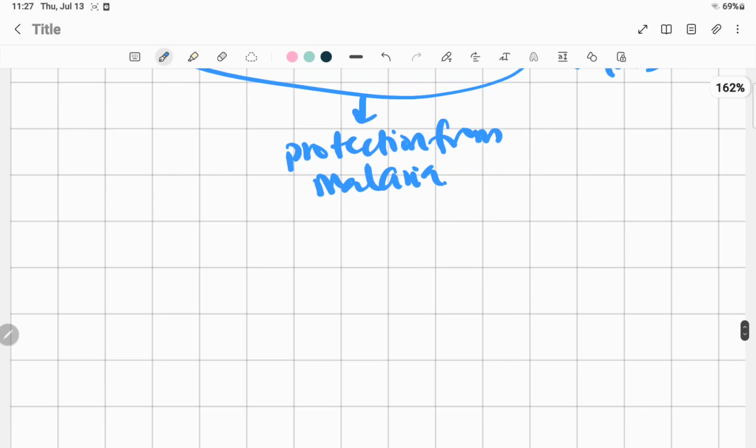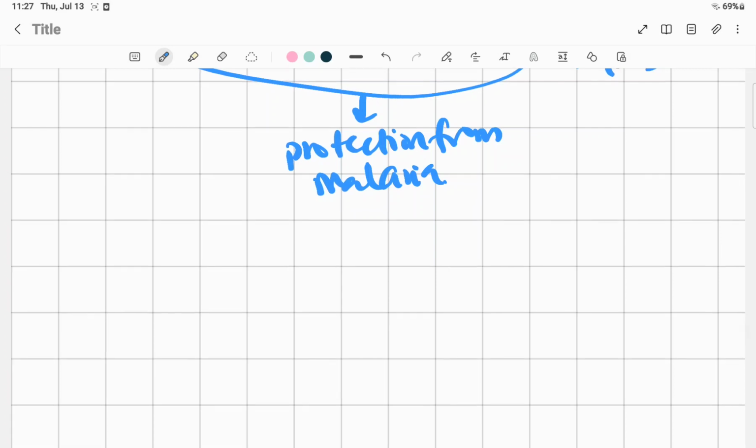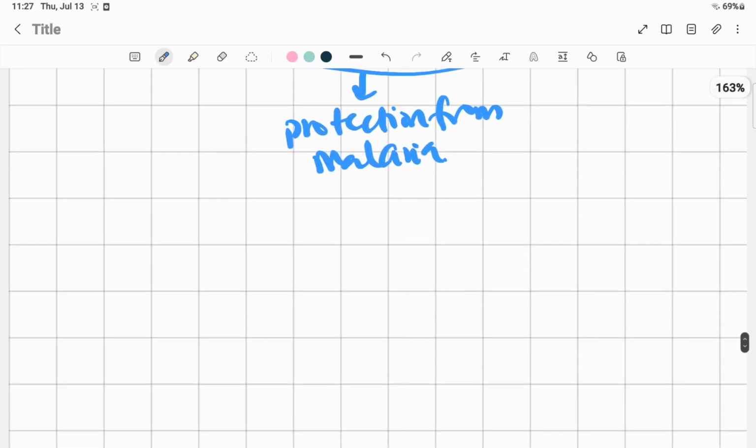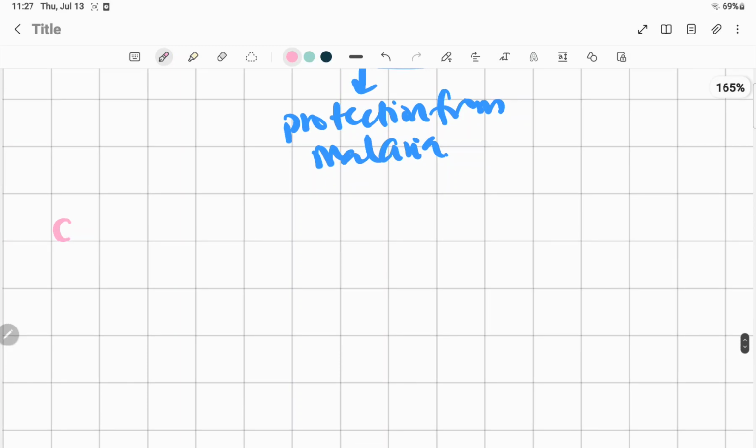Now we talk about the pathophysiology, and before that we are also going to cover the physiology of why it actually happens. G6PD is an enzyme that produces NADPH as a byproduct.